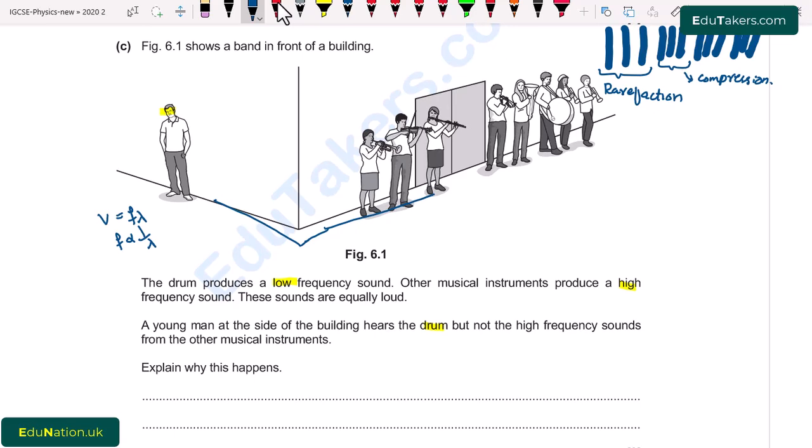So in order for the sound to be heard by this person, the sound wave needs to diffract, because you can see here that the sound gets diffraction. When the sound diffracts, the lower frequency that is produced by the drum will have the greater wavelength by this relation. If the frequency is low, wavelength will be larger. And if the wavelength is greater, there will be more diffraction of sound.